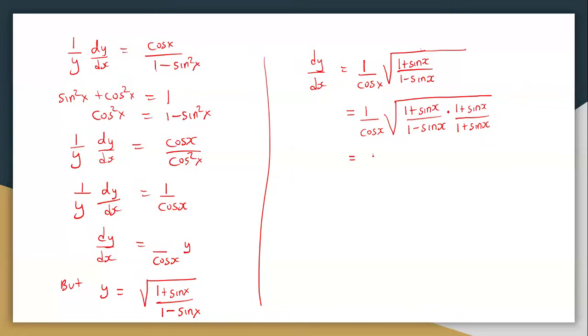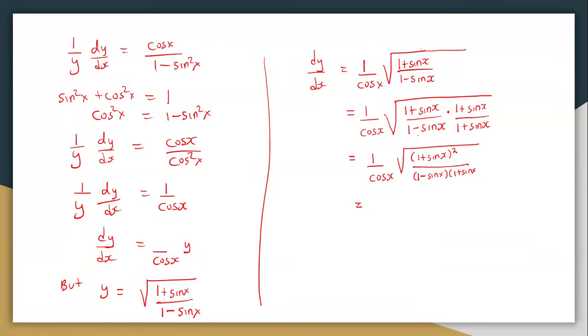So what shall we have? We shall have 1 out of cos of x. Then up, we shall remain with root of 1 plus sine of x, but squared. Then down, 1 minus sine of x into 1 plus sine of x.